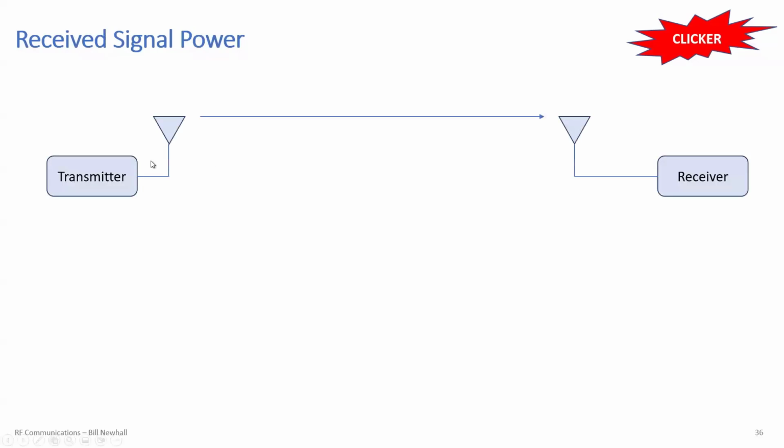All right. Let's suppose you have a transmitter and you have a receiver that is separated by some distance. And that transmitter transmits 1 watt. And 1 watt is 30 dBm. And then you have a transmit antenna that has 7 dB of gain in the direction of the receiver.